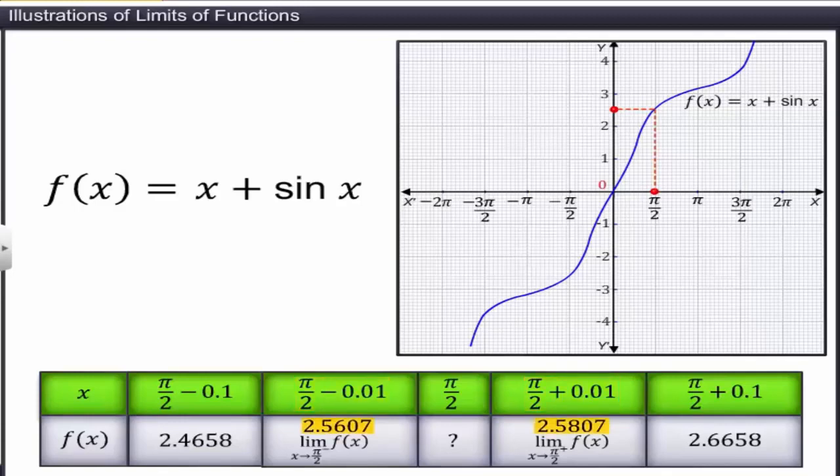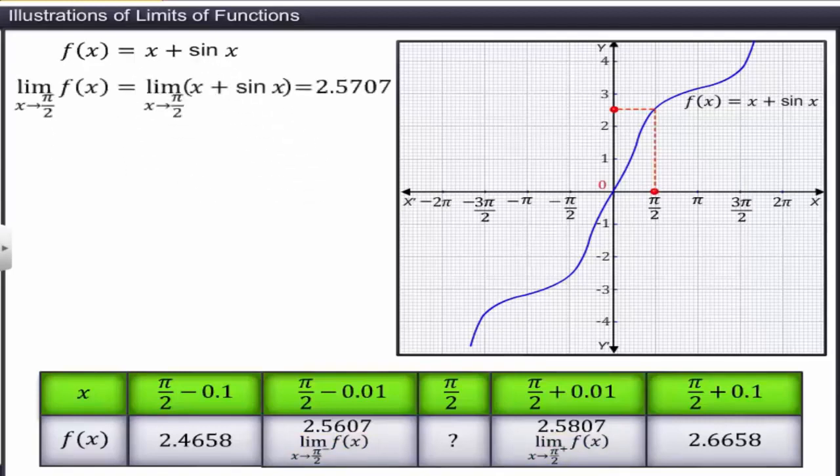We can observe that there is no significant change in the value of the left-hand and the right-hand limits. This implies that the two limits coincide with each other and the limit of the function exists at pi by 2. Let's take the value of the function intermediate to both the limits. Therefore, the limit of the function at pi by 2 is as shown.